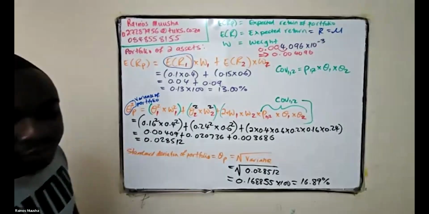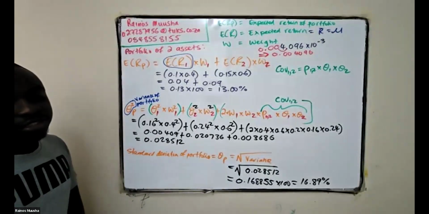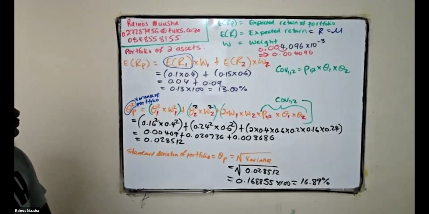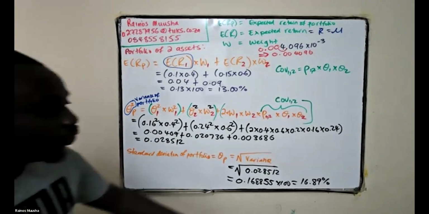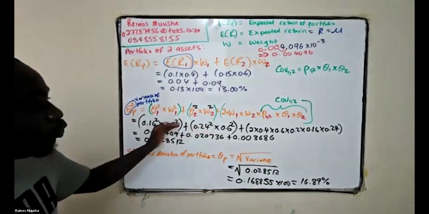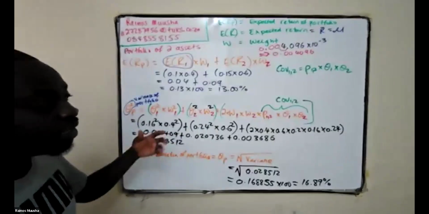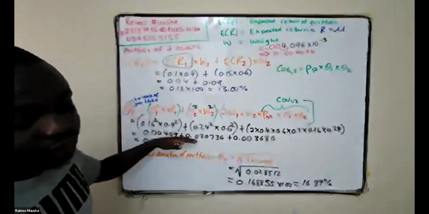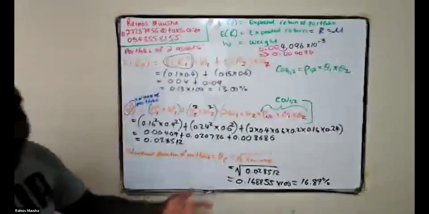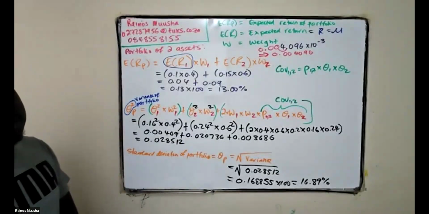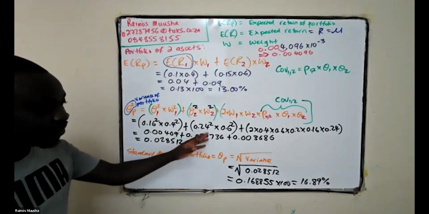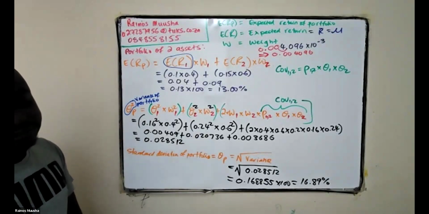So going into the exam, try as much as possible to show your working, because the more working you show, the more marks you can accumulate, because the lecturers will be able to follow where you got it right and where you got it wrong. Then, if they're in a good mood, they can be generous enough to give you maybe half a mark for a particular part of the calculation.